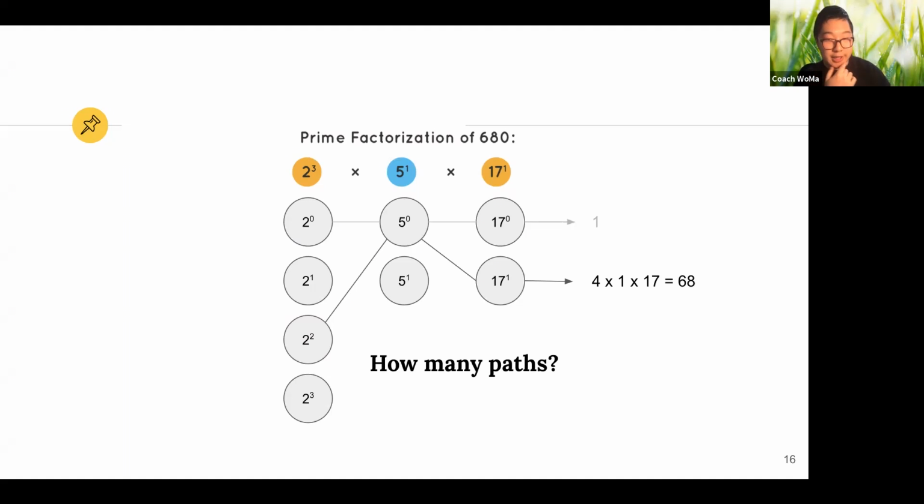So as you're figuring out how many paths there are, you might want to think, what's an easy way of counting how many paths there are? You could try each one. That's one way.